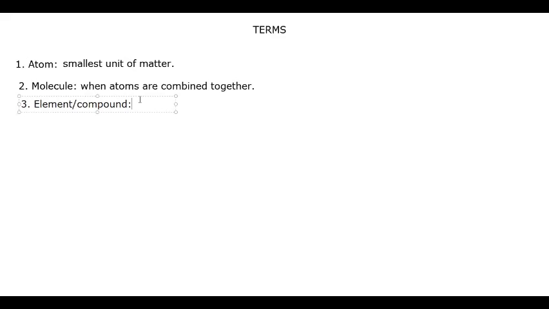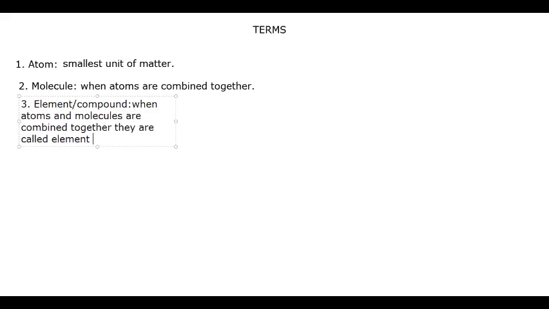So element and compound: when atoms and molecules are combined together, they are called an element or a compound.